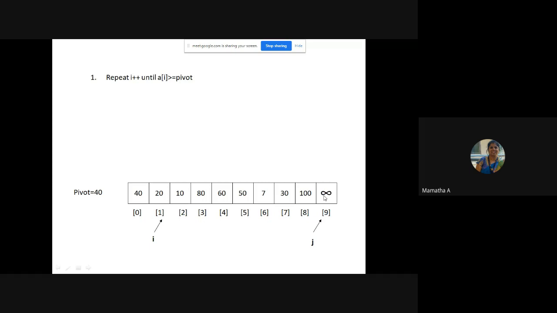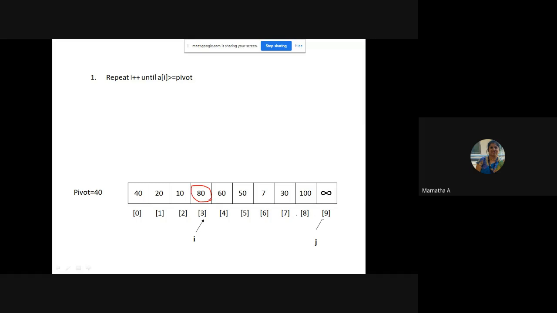So I keep doing this. Tell me, where does this i stop for me? I am starting with my left to right scan. At which index does it stop? 3, ma'am. You can observe, it stops at 3 because 80 is greater than 40.